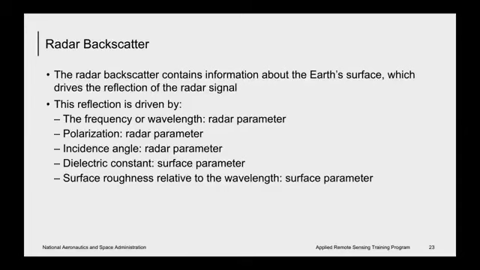So the brightness of features in a radar image is dependent on the portion of the transmitted energy that is returned back to the radar from targets on the surface. And the magnitude or intensity of this backscatter energy is dependent on how the radar energy interacts with the surface, which is a function of several variables or parameters. And these include the radar parameters, as well as surface dielectric and structure.